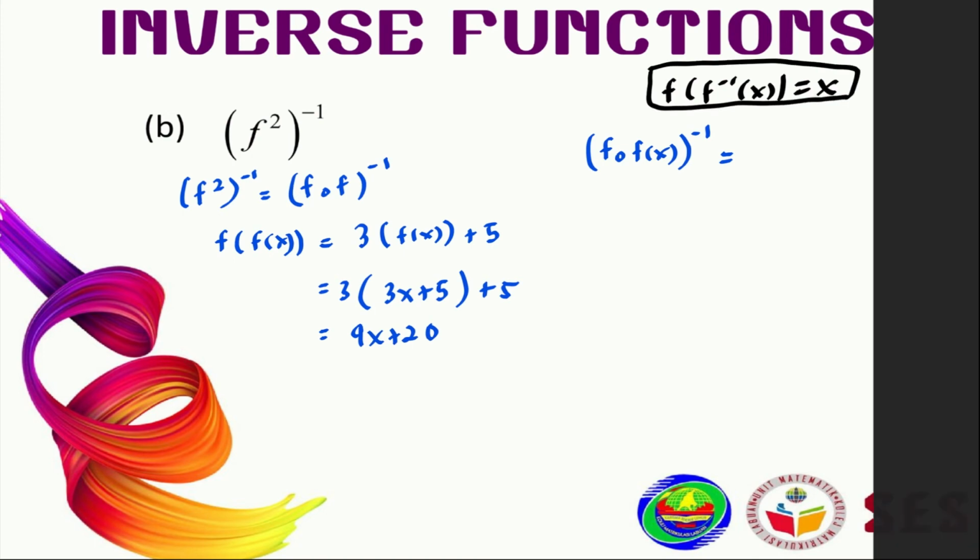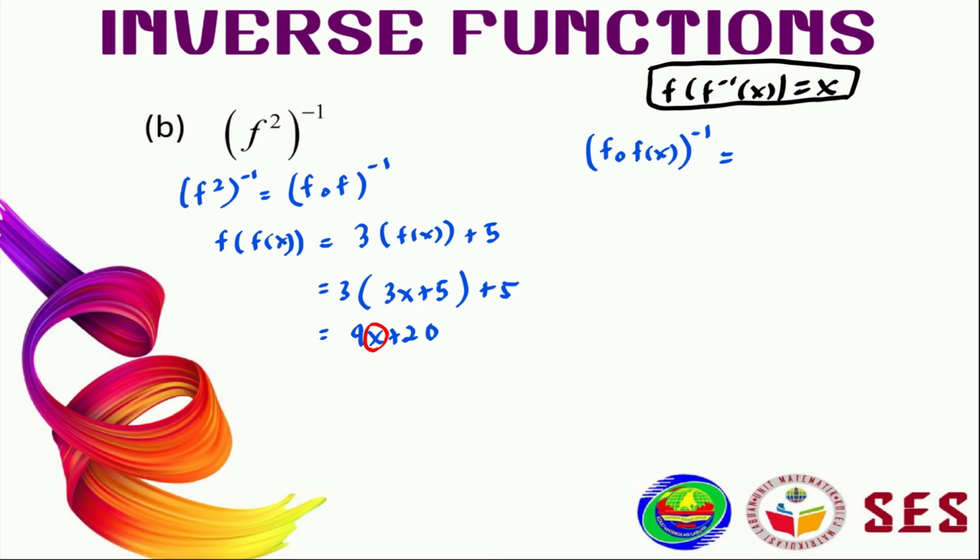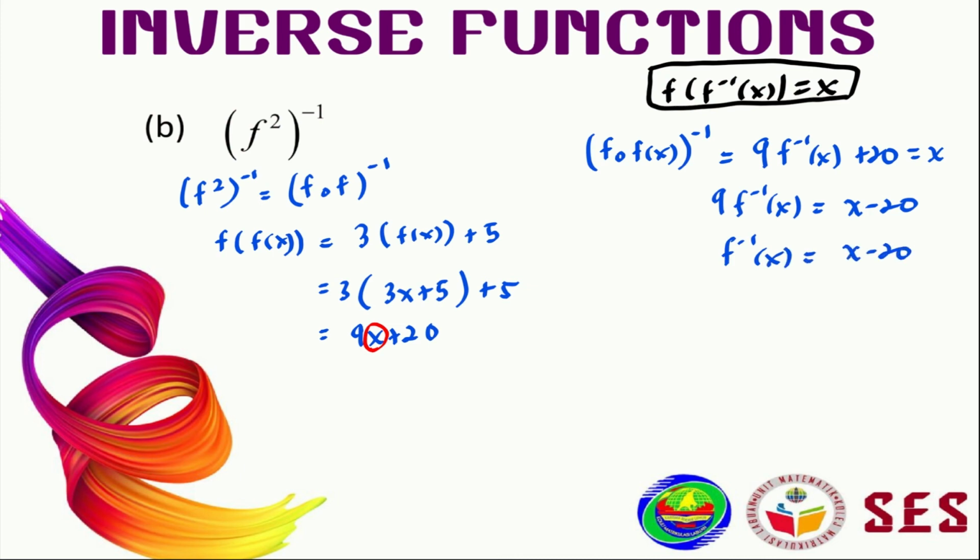We replace this x with f inverse and make it equal to x. So 9 times f inverse x plus 20 equals x. We have 9 f inverse x equals x minus 20, so f inverse x equals x minus 20 over 9.